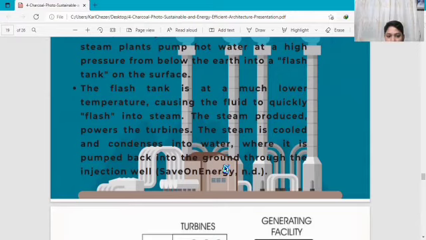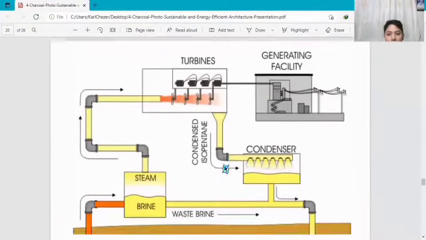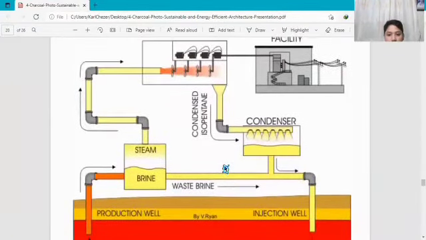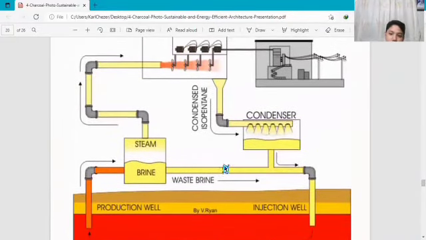The steam powers the turbines. The steam is cooled and condenses into water, where it is pumped back into the ground through the injections. Makikita natin, sinabi na ipapump back down ng condenser.